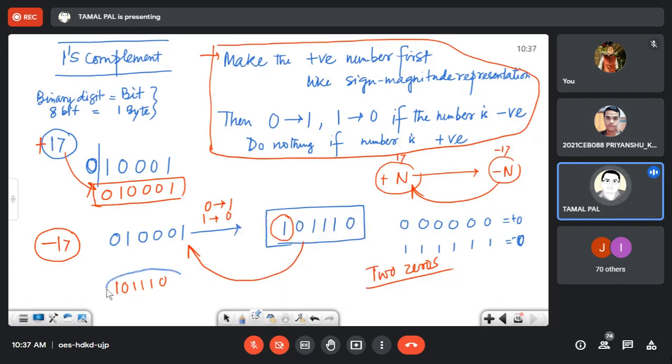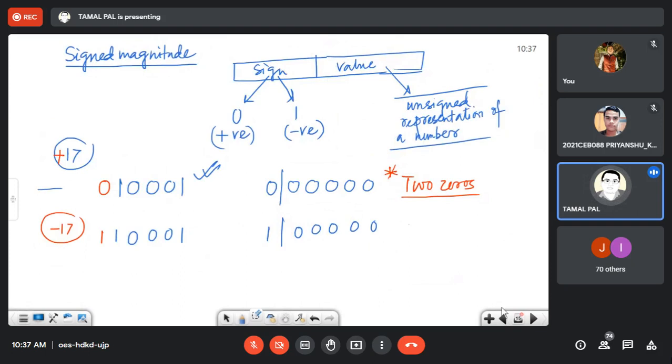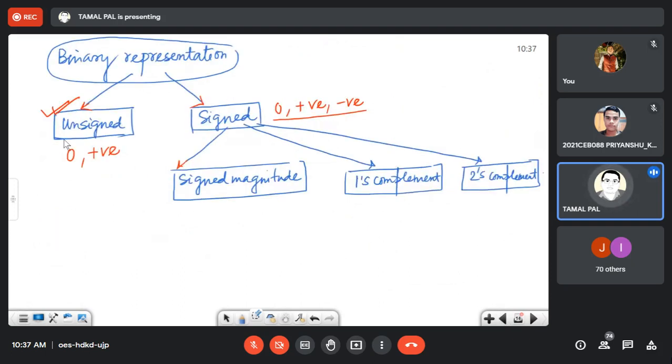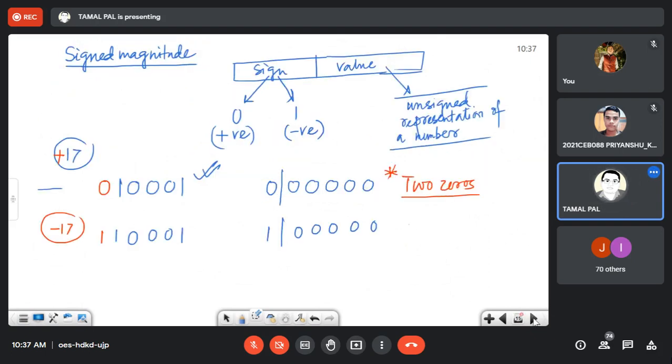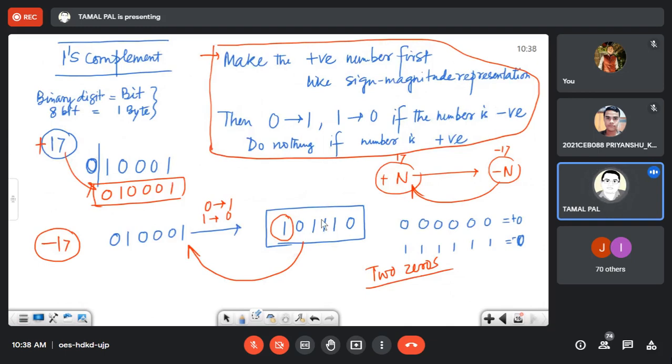What we usually do is convert the entire thing into decimal, but that is possible only when you are dealing with unsigned numbers. For signed numbers, you have to convert separately. You have to do something for the sign bit and something for the value. The total string cannot be converted. You have to get the positive from the negative number; you cannot extract the value directly.